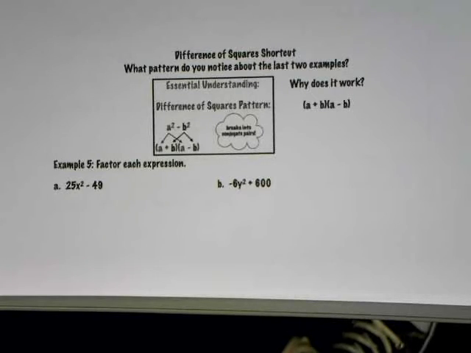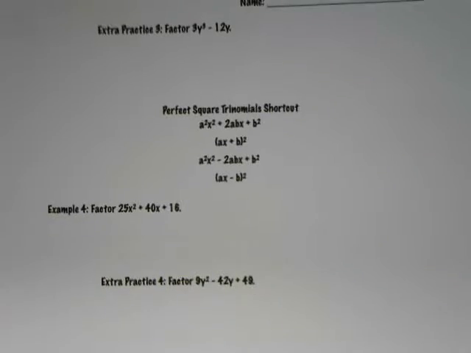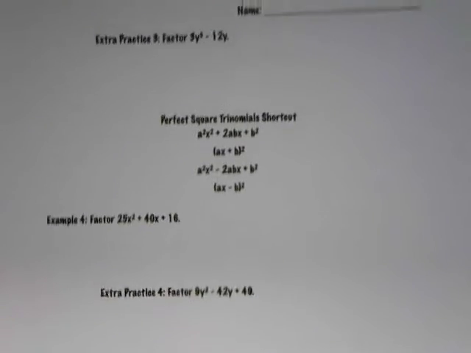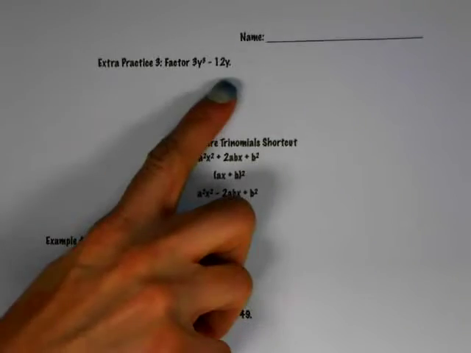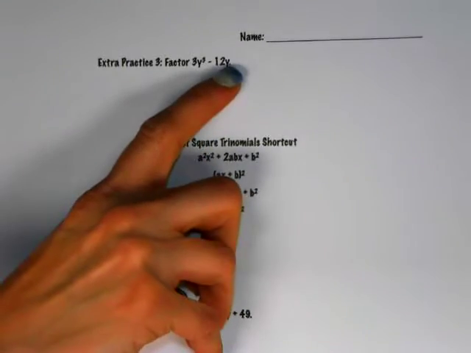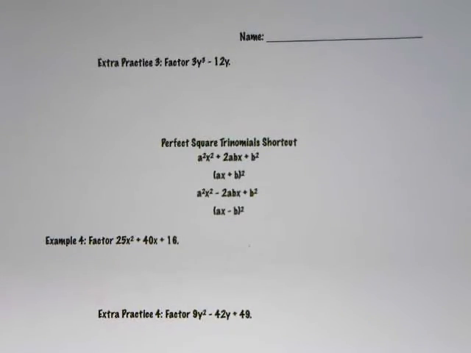So use your GCF. What can you take out? 4. And what else? What else do they have in common? 4y squared. But does this one have 2 to give? No, it just has 1. Okay, so then what can you take out? 1. So no, you can only take out 1.